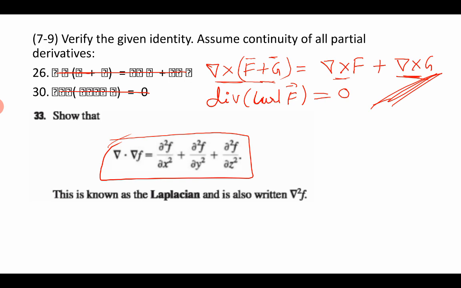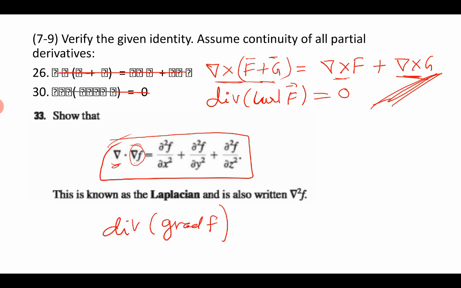The second one is that divergence of curl is 0. The third result is del dot del f. This is the divergence of the gradient, called the divergence of the gradient f, where f is a scalar. This is very easy. You can take the del operator and find the dot product with del f.